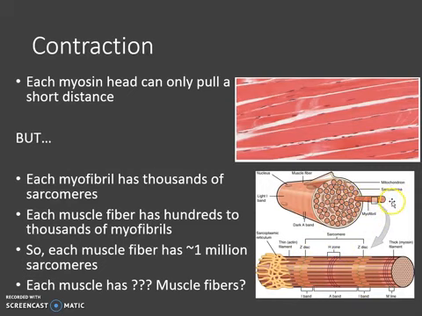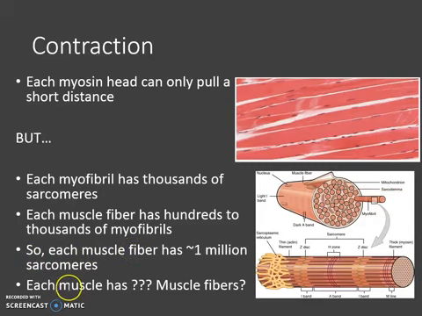And then each muscle fiber, depending on its size, may have hundreds or thousands of these myofibrils. Each muscle fiber has about 1 million sarcomeres, and that's in one cell.